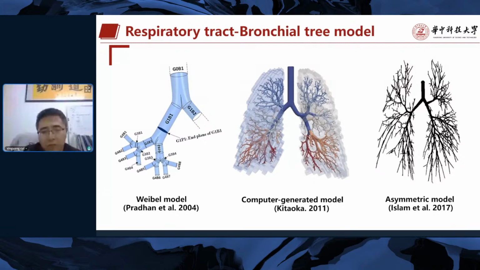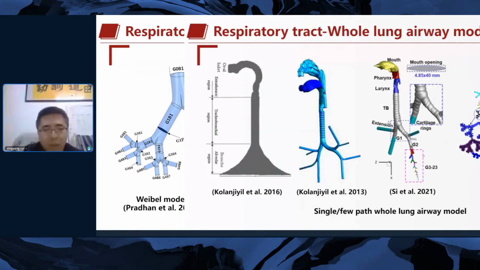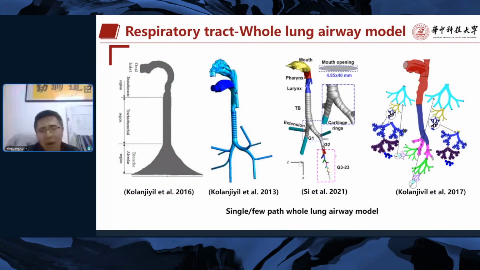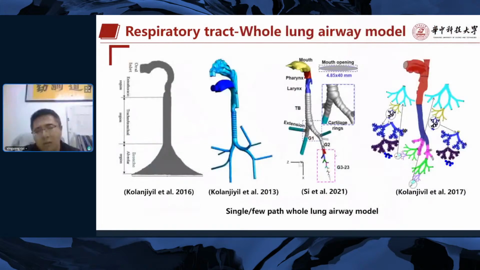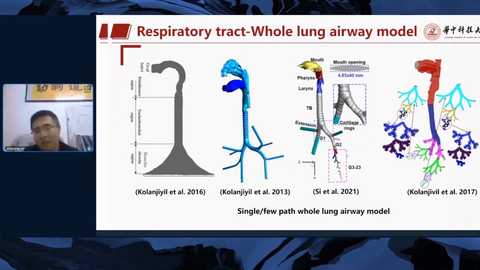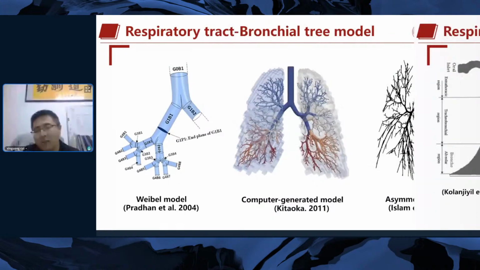So it still has some simplifications. In fact, I asked my student to prepare this slide for me, but maybe I didn't put everything there. Other than the bronchial arrays, there are also the deep arrays.